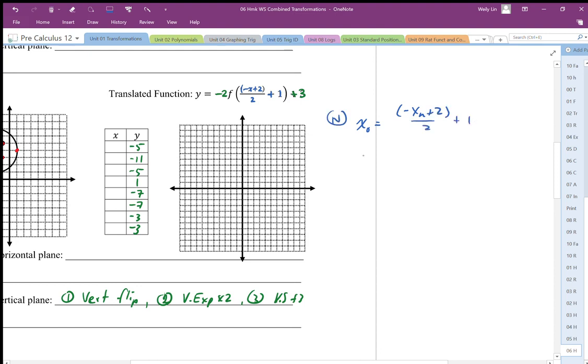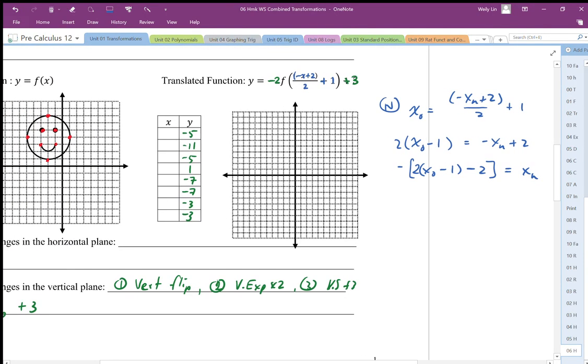So I end up with x minus 1. I'm going to times that by 2, and then minus 2, and then multiply everything by -1. And that's going to get me to my new coordinates.